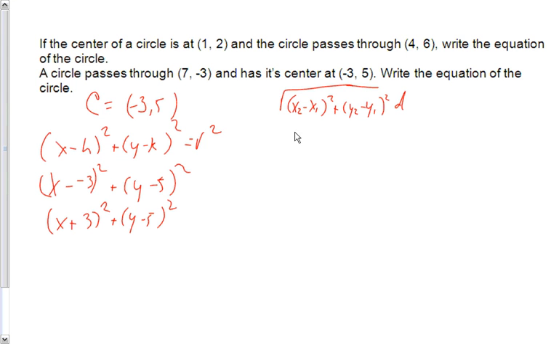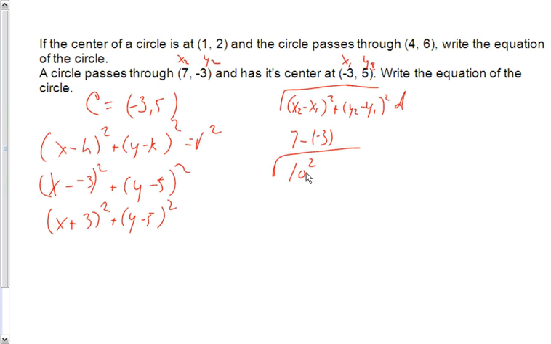So in this case, our points are going to be 7... We'll call this x2, x1, y2, y1. It doesn't matter as long as you make sure that they are matching up. So x2 is 7 minus negative 3. That's the only reason I did it, because it's going to make it 10 squared.